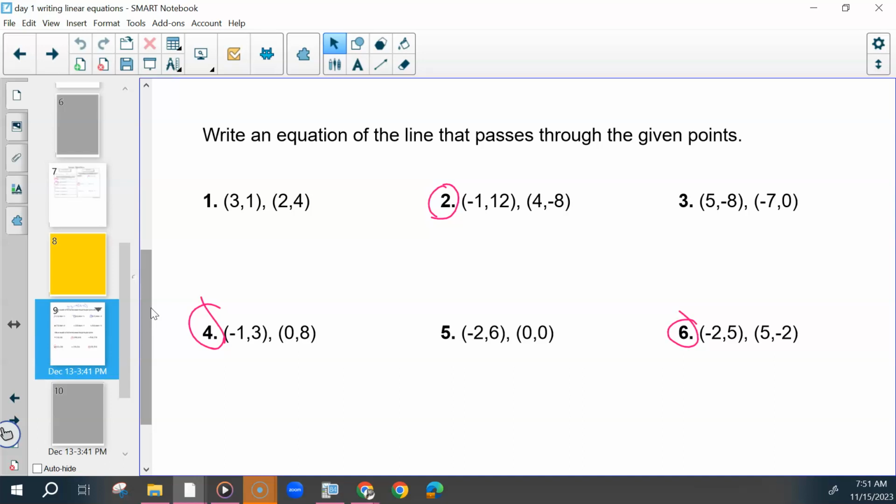And then we didn't start these, but we're going to do that today. These are very similar to the ones we were doing yesterday.